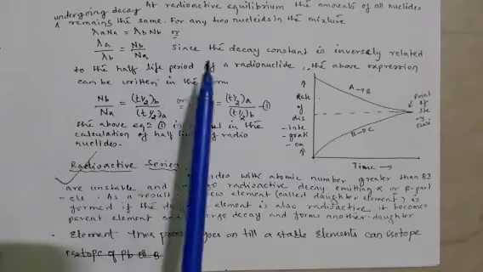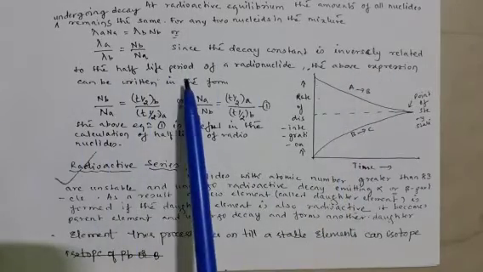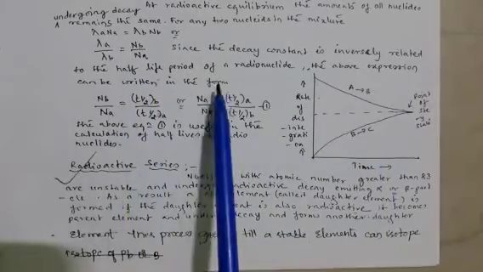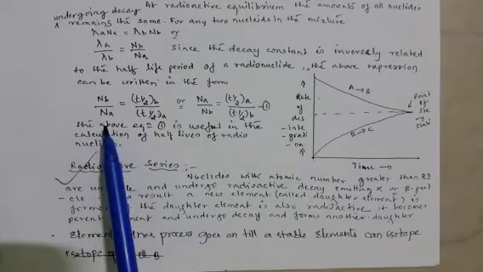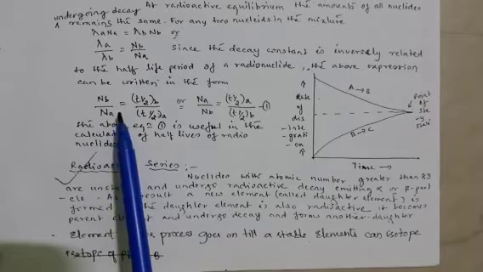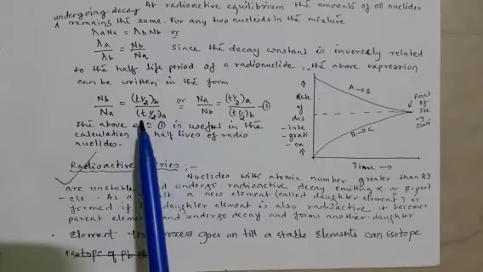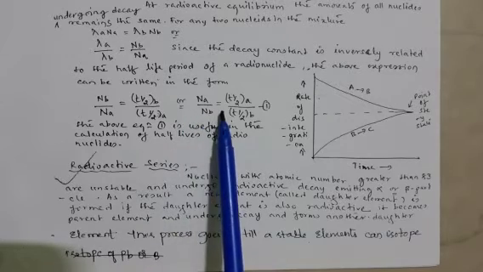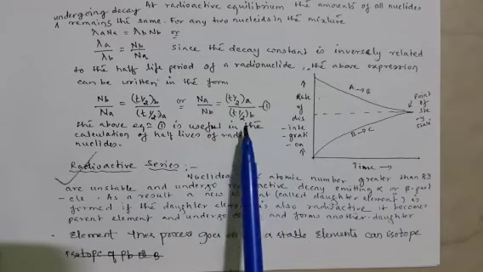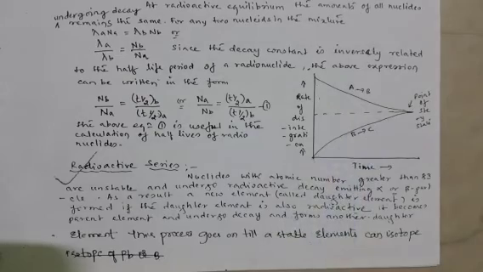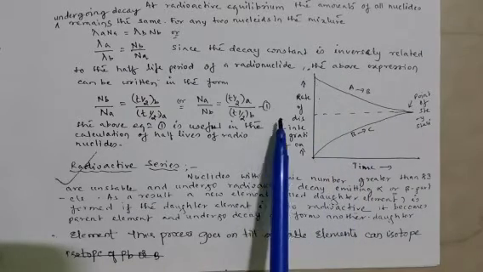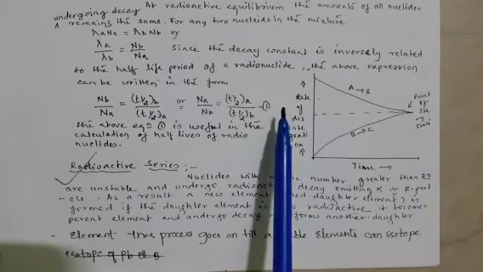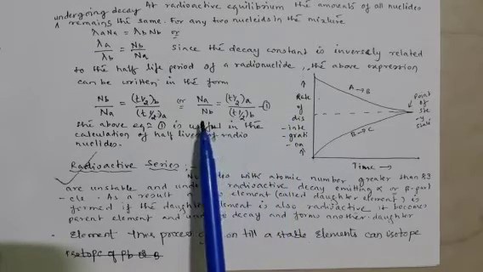Since the decay constant is inversely related to the half-life of the radioactive nuclei, the above expression can be written as Nb divided by Na is equal to T half of B divided by T half of A, or Na by Nb is equal to T half of A divided by T half of B. So this equation is useful in the calculation of half-lives of the radioactive nuclei.